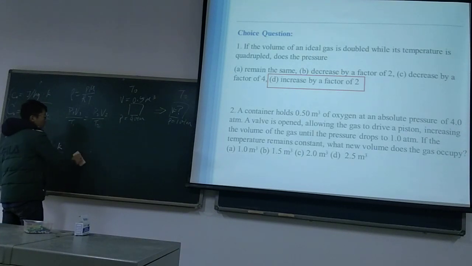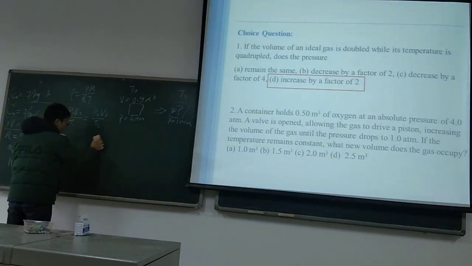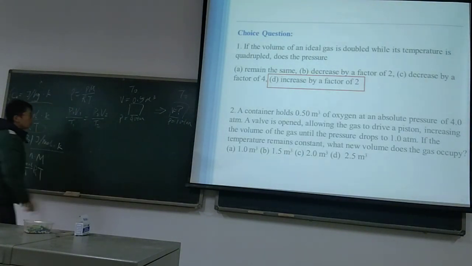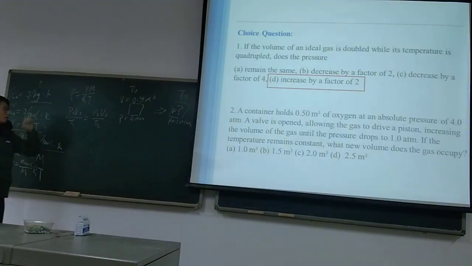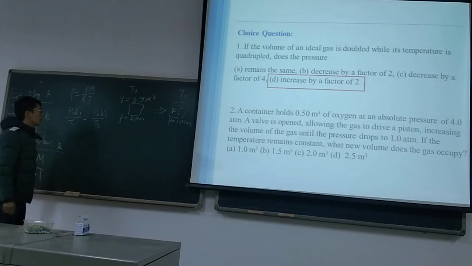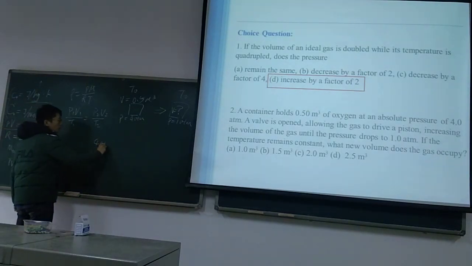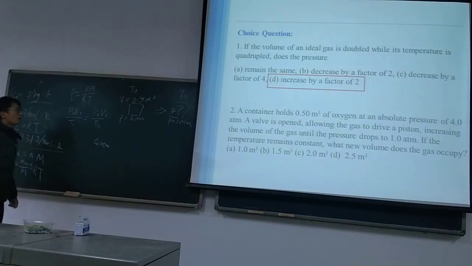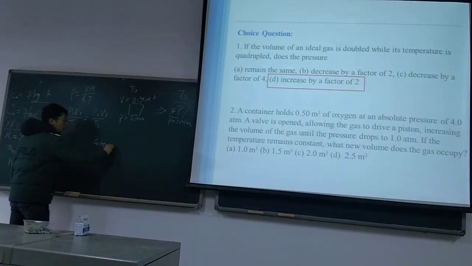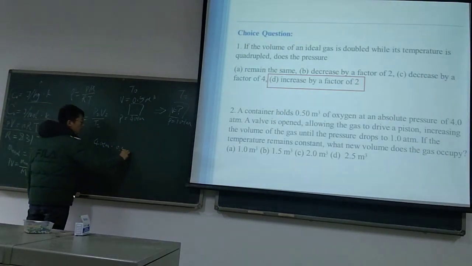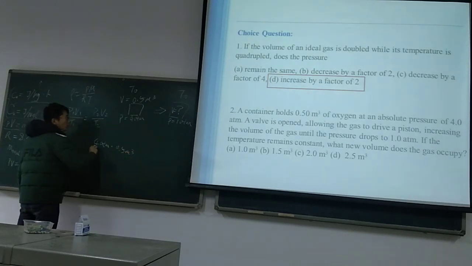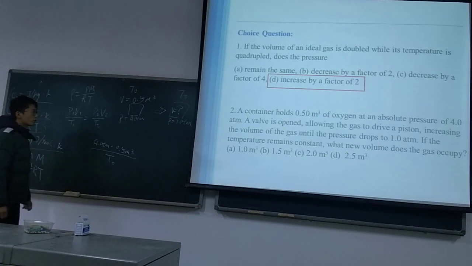Is the mass of the gas changed? No. If not changed, we can use this equation. Before the variation, the pressure is 4 atm and the volume is 0.5 cubic meters, divided by the initial temperature.